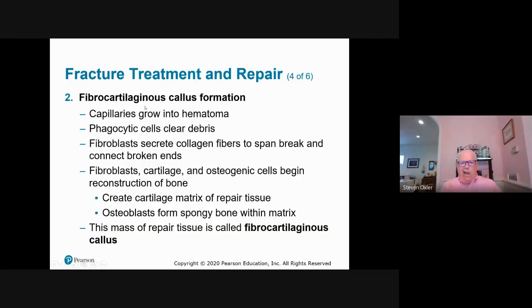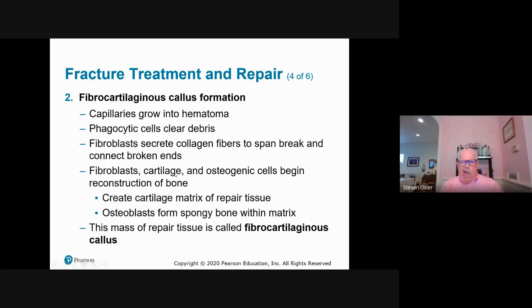The next step is that you get a fibrocartilage callus. Capillaries grow into the hematoma. White cells and other phagocytic cells clean the debris. Fibroblasts, builders of cartilage, secrete cartilage, and they span the broken areas of the bone.